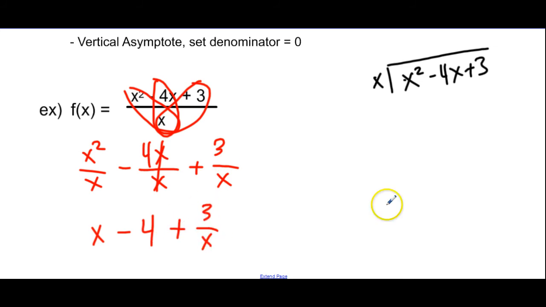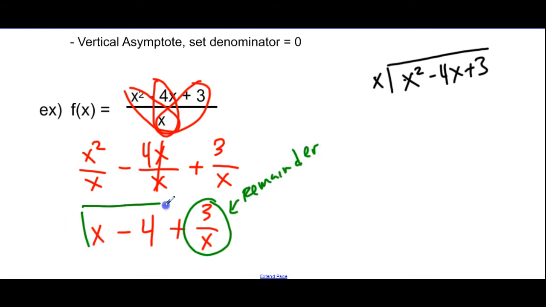Now, we can't factor it out. We divided it and simplified it. We have x minus 4 plus 3 over x, right? This is basically your remainder. So don't do anything with that right now. This is your asymptote. I know it's not x equals 0 or y equals 0 or whatever like that.